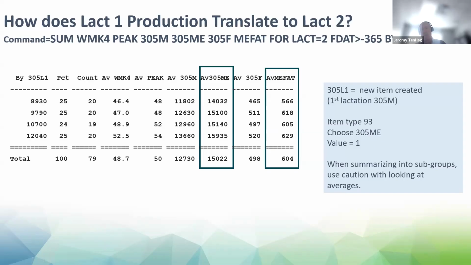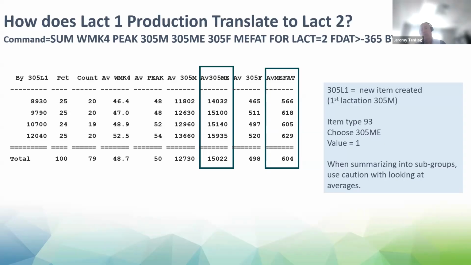In Canadian files, that really means 305 milk, not mature equivalent milk. And then as long as you go by 305L1, which is in the command in the title, it'll rank the second lactation animals by how they did in lactation 1. And then you can look at how they are doing in lactation 2. And that's what 305ME fat is doing for us.